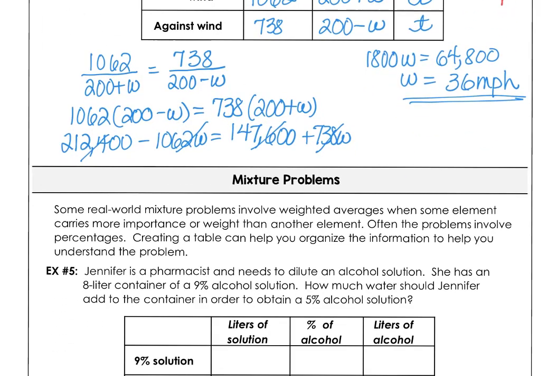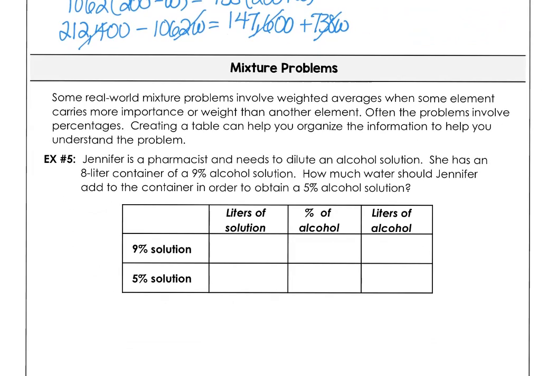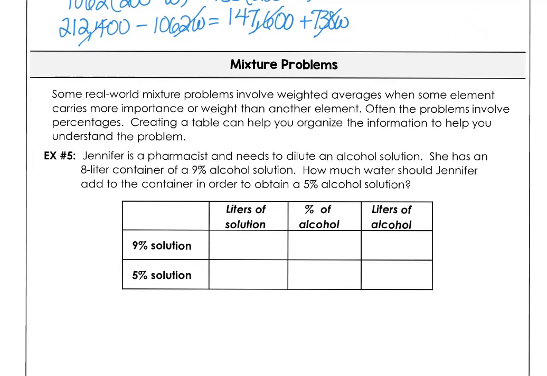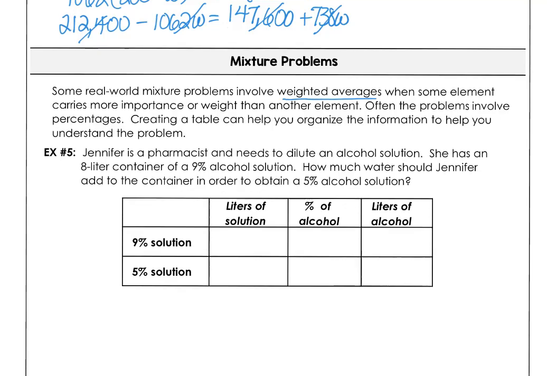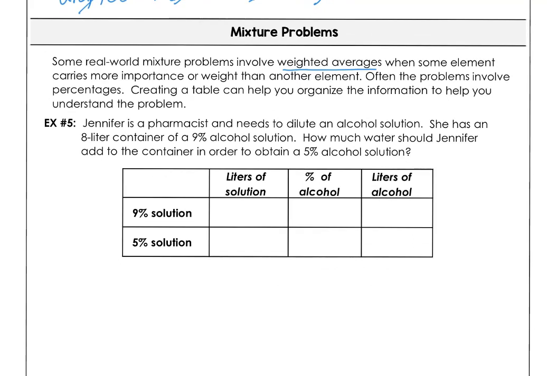In example 5, we're going to consider some mixture problems. Some real-world mixture problems involve finding weighted averages when some element carries more importance or weight than any other element. Often the problems involve percentages, so we can create a table that will help us organize the information and understand the problem.